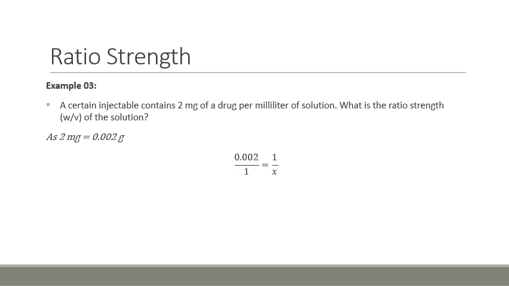If we adjust the values, x will be equal to 500 ml, or we can write it as 1 is to 500. That means 1 gram of the drug will be contained in 500 ml of the solution.